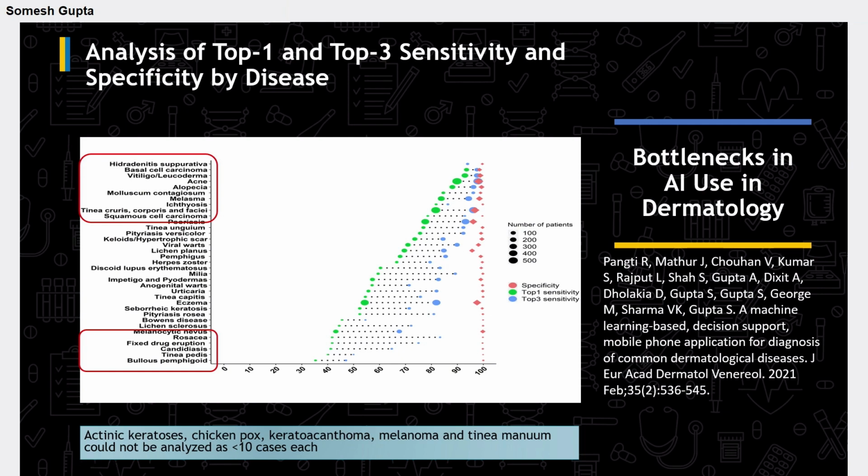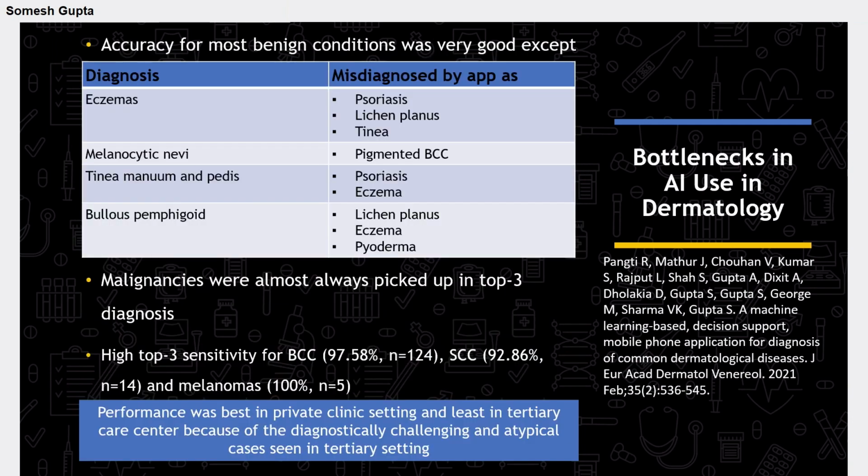Actinic keratosis, chickenpox, keratoacanthoma, melanoma, and tinea manum could not be analyzed because there were less than 10 cases. The diagnostic accuracy of most benign conditions was good, except eczemas, which were confused with psoriasis, lichen planus, and tinea; melanocytic nevi, which are confused with pigmented BCC, as basal cell carcinoma in the skin of color population is most often pigmented; and bullous pemphigoid, because the number of images was low; and tinea manum and tinea pedis, which were confused with psoriasis and eczema.